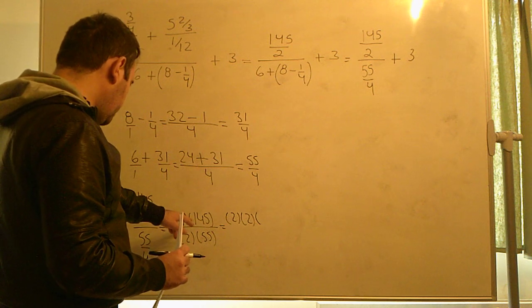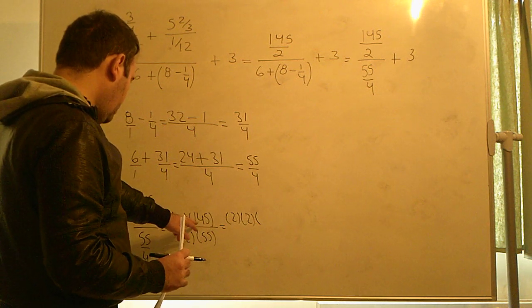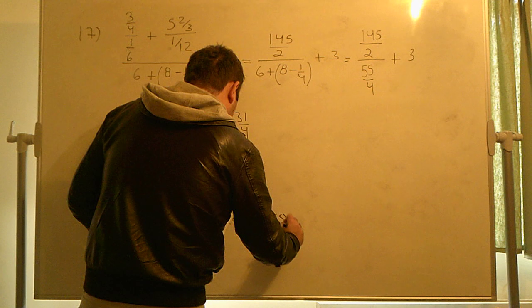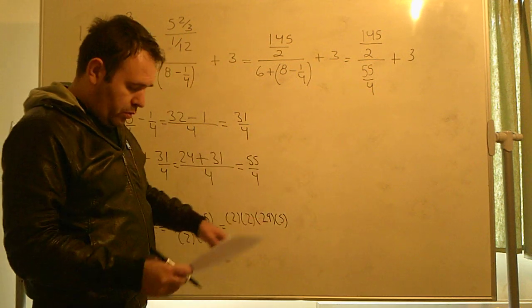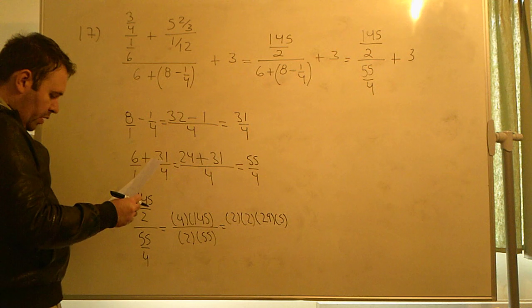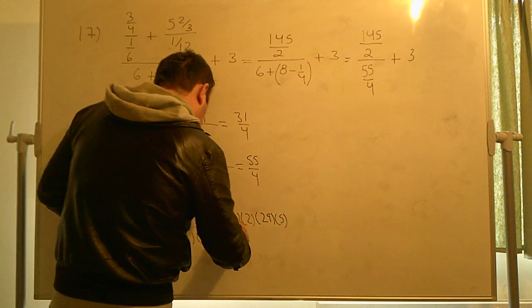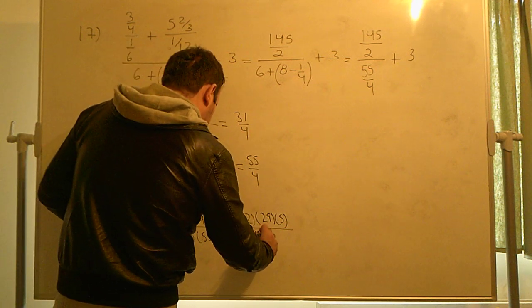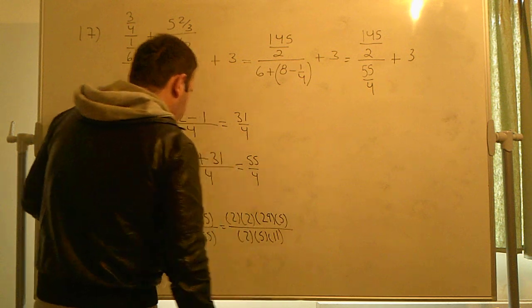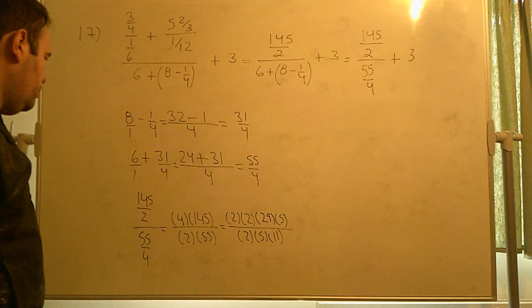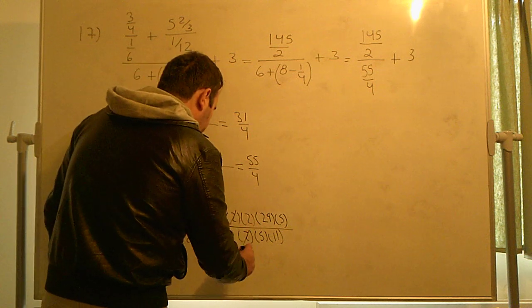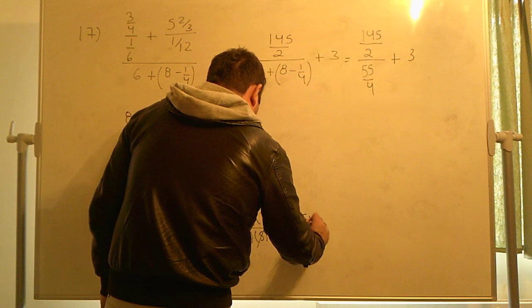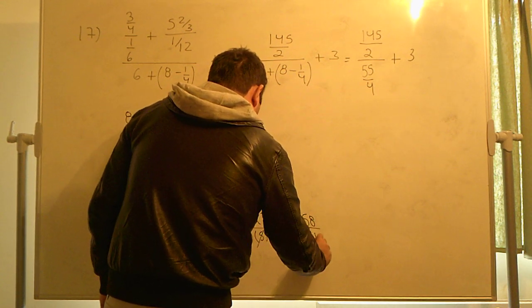Now this one would be 29 times 5. And then we would have 2 here, and then 55 is equal to 5 times 11. So 2 divided by 2 is 1, and 5 divided by 5 is 1, so we will be left with 58 elevenths.